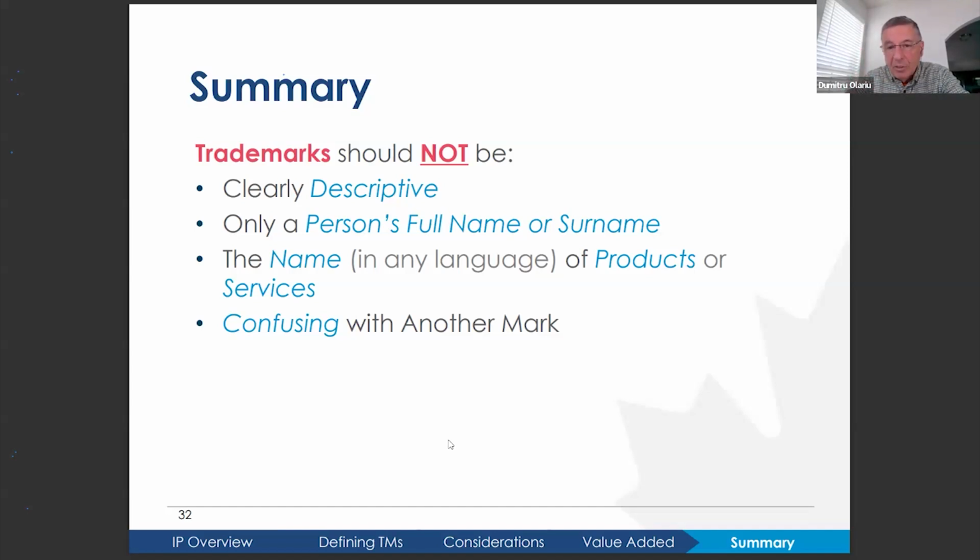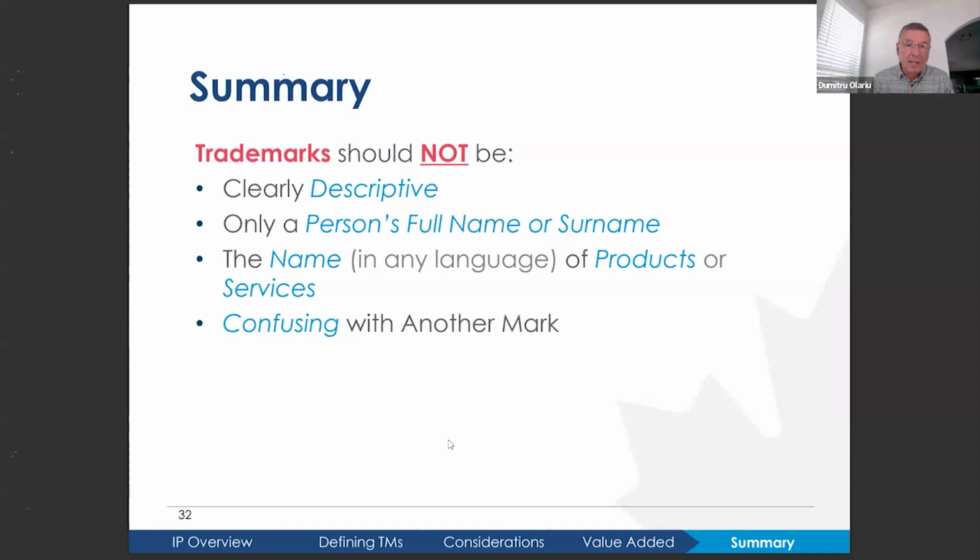The name in any language of the product or services are not accepted trademarks, but again, the exception would be when you use it again and again on the market and people get accustomed to that kind of product name or service in another language, and they associate it to who is behind.